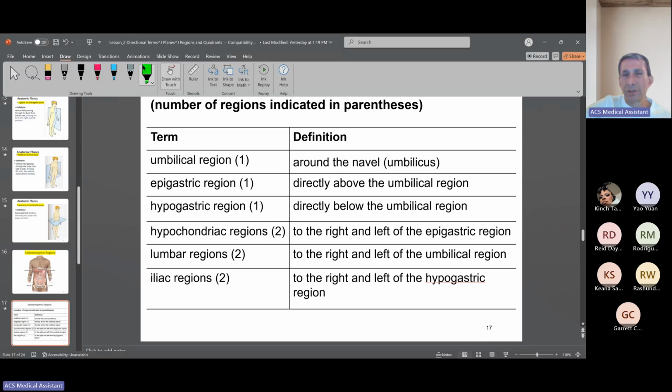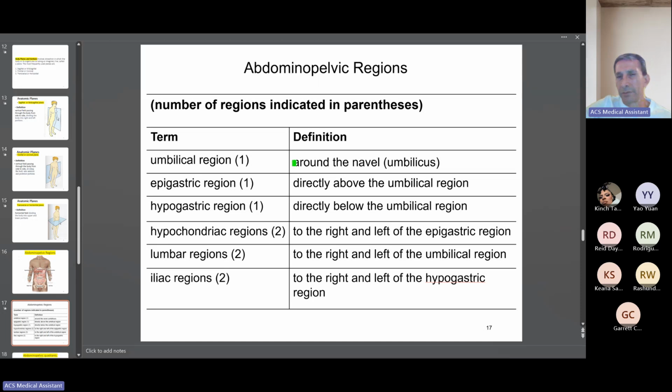The umbilical region is the one around the navel. Epigastric, above the umbilical region. But it's not going to say above the umbilical region, it's above the stomach, because that's what epigastric means. But they can ask you, above the umbilical region, what do you find? The epigastric region. Below the umbilical region, what are you going to find? The hypogastric region.